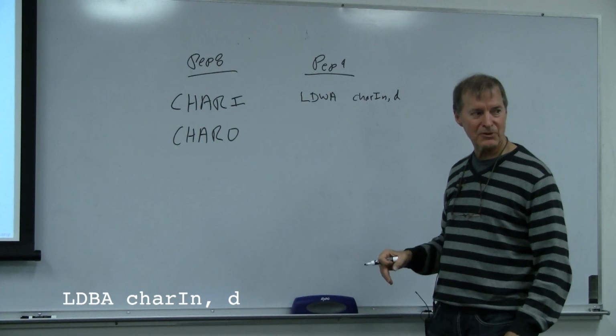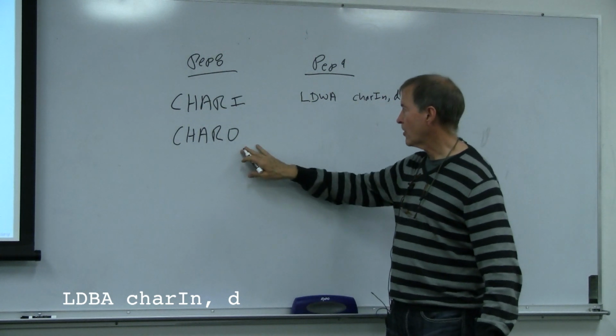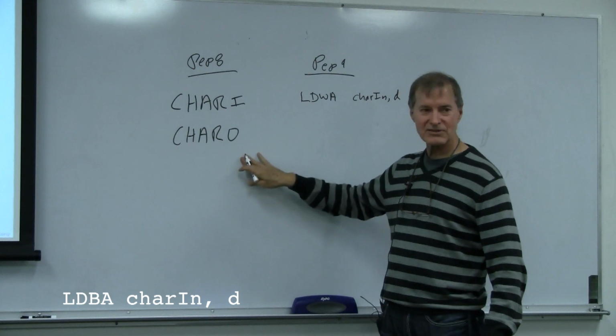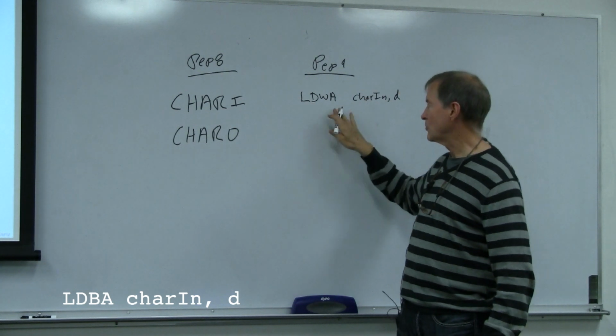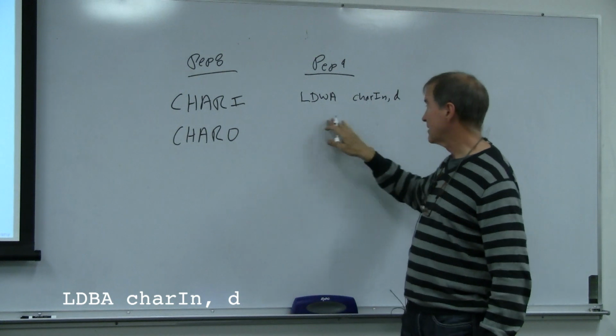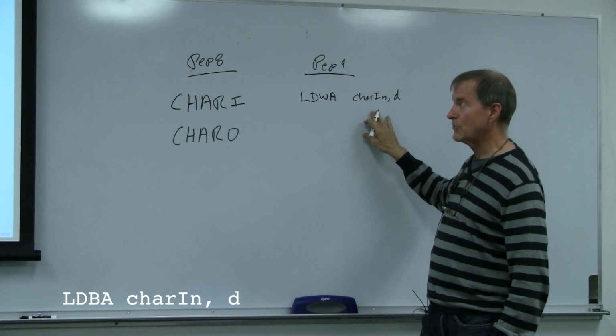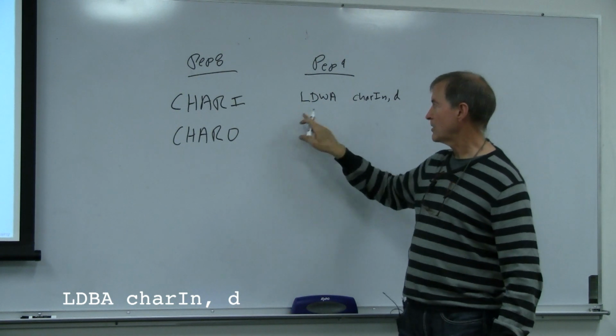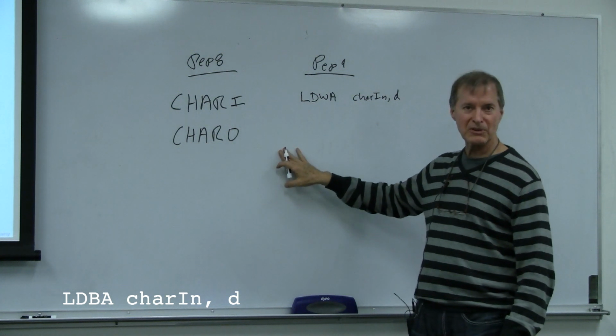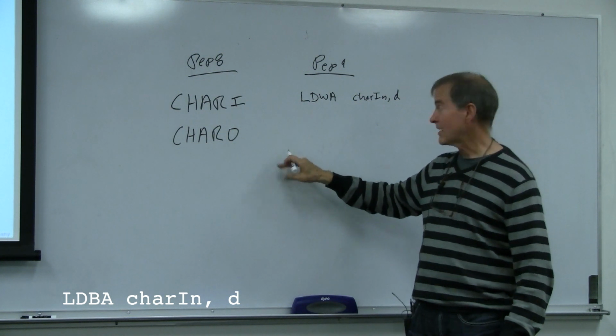Do you see how that works? And then instead of doing CARO, what do you suppose it is? If you do load word from the input port to get a character into the accumulator, how do you send it from the accumulator to the output? Yes, store.